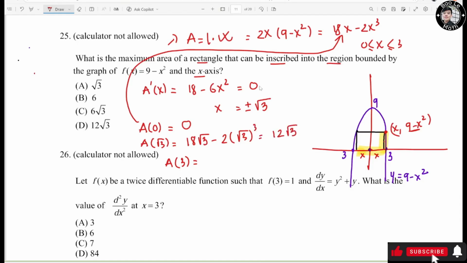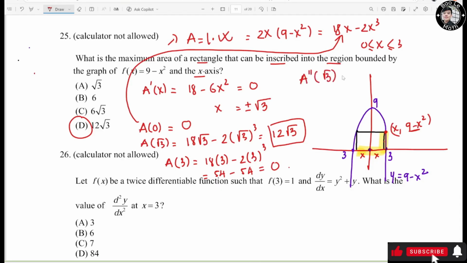A of 3 is 18 times 3 minus 2 times 3 cubed, so it could be 54 minus 54, it's going to be 0. So the maximum is right here, 12 root 3. The answer must be D. You can use the second derivative test: A double prime of root 3 is less than 0, so the function has the maximum value.